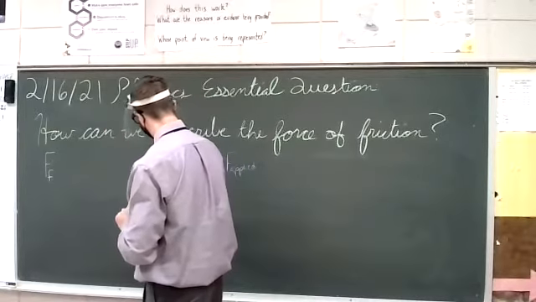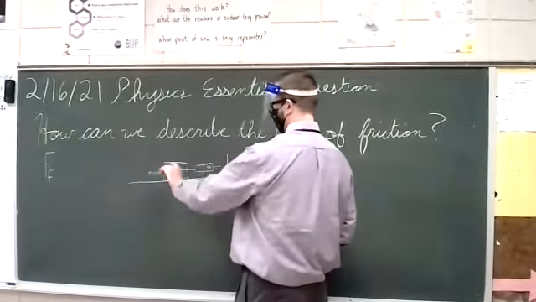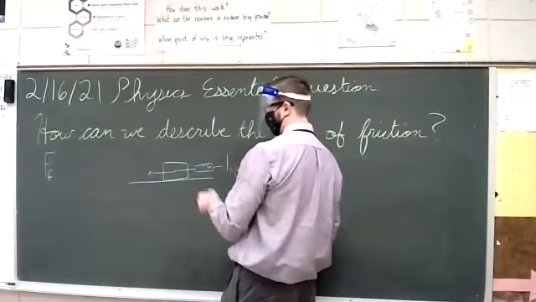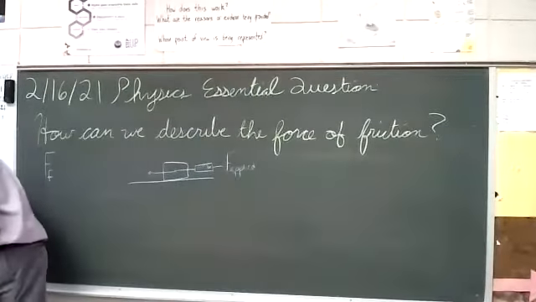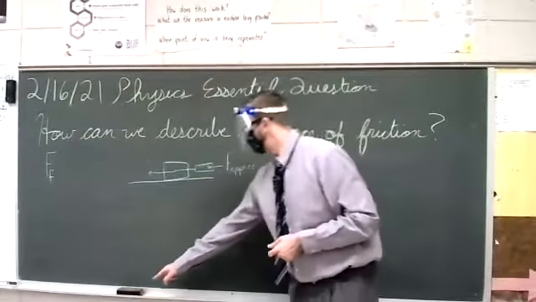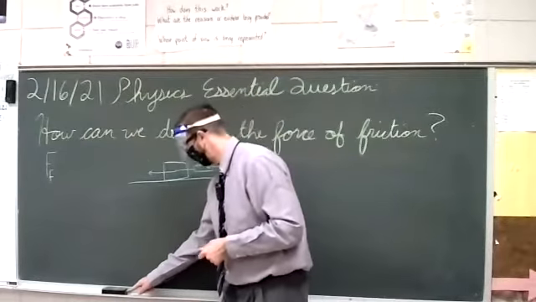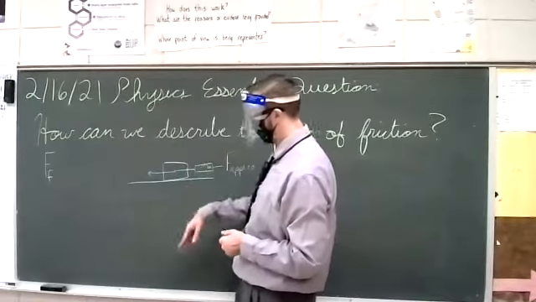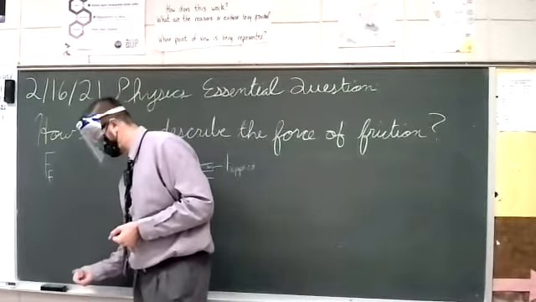There's going to be this opposing force, and it's important that it's going in the opposite direction as the force applied. If I push this eraser across here, that's my applied force. Well, the friction is always going to go in the opposite direction.